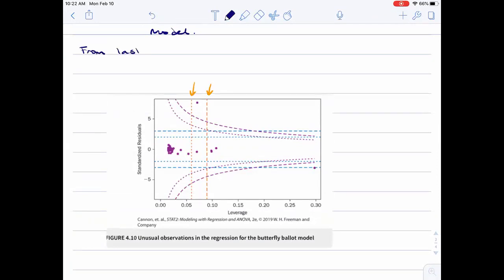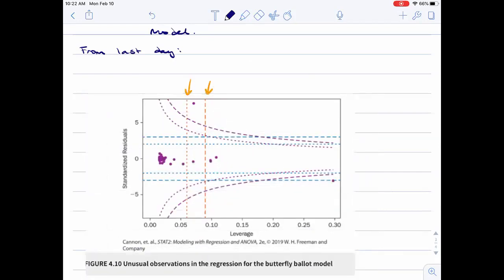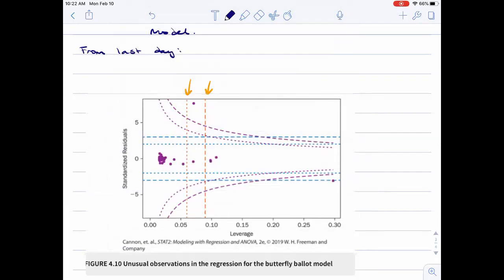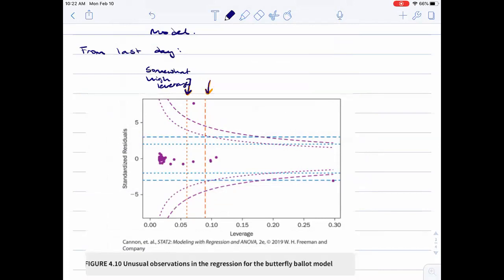So from last day, and I'll even make this a little bit bigger. Here we said we had somewhat high leverage. And then here we had very high leverage.